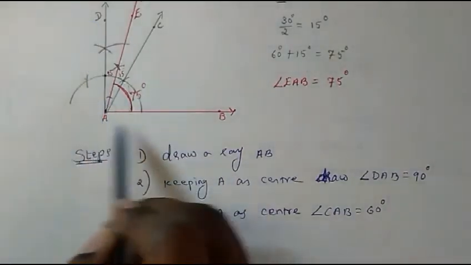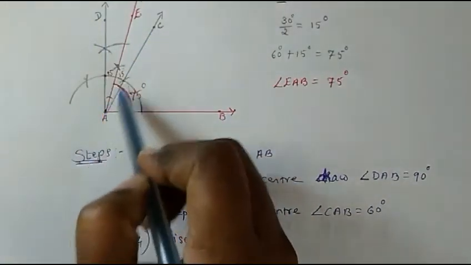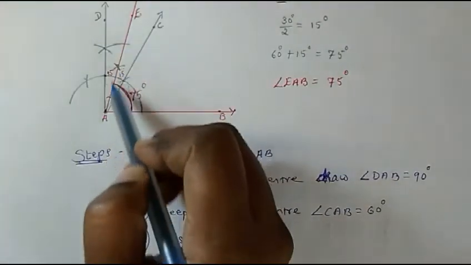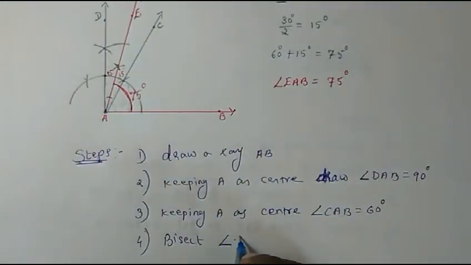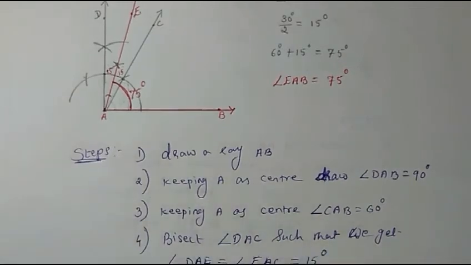Okay, so now what we have, then bisect angle 90, we were by angle this DAC. Okay, this angle we draw the angle bisector. So bisect angle DAC such that we get two angles, such that angle DAE equals angle EAC, which is 15 degree.